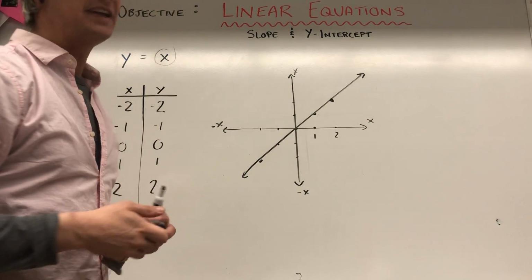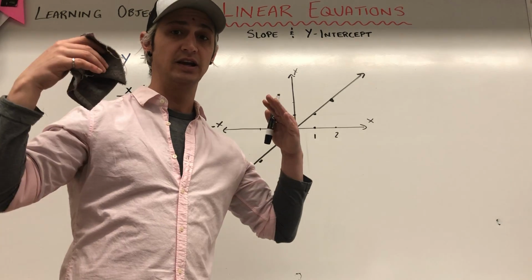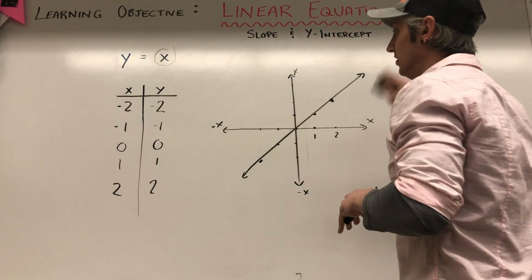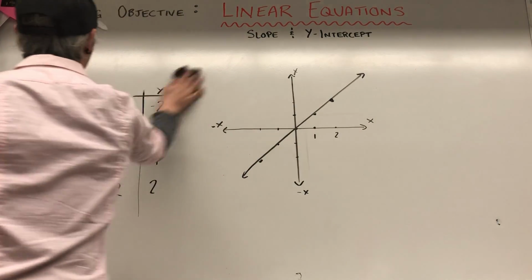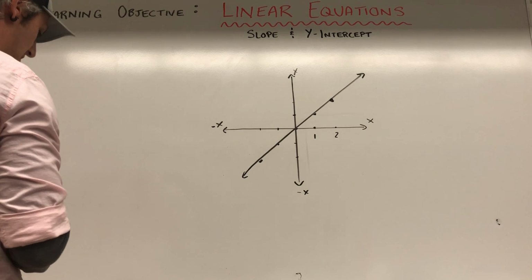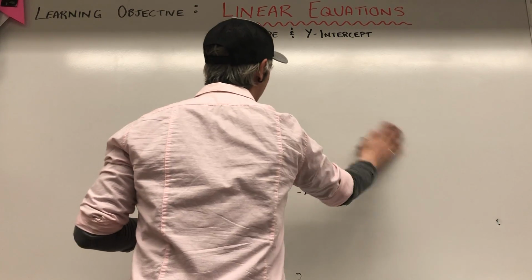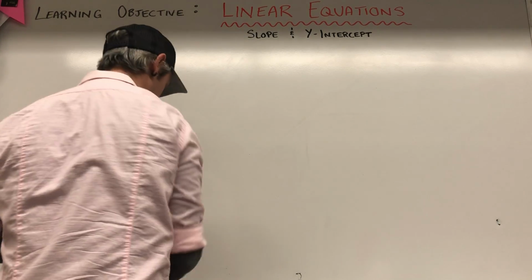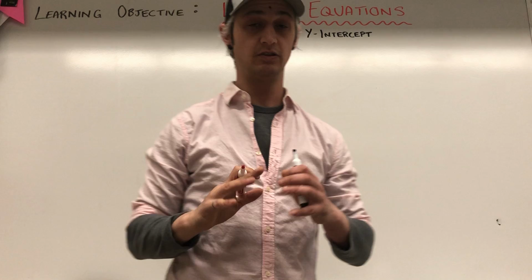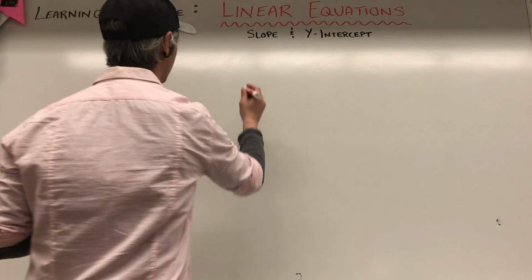So let's now talk about the equation of a line in the general form, okay? So I'm going to leave this up so we can kind of think about it. Actually, I'm going to erase that. So I'm going to put it up right here. So the general equation of a line, and you're going to learn to love this equation because it comes up so much in the future of math, is this.